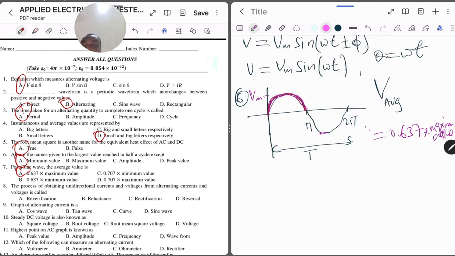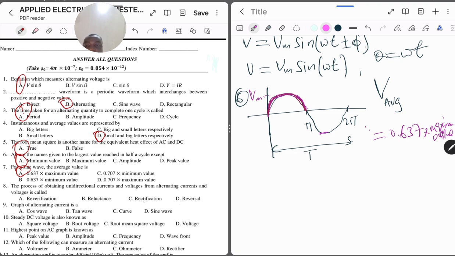So this is it. Now moving to question 8. The process of obtaining unidirectional currents and voltages from alternating currents and voltages is, this one is what? Rectification. You have to pay attention to the names there.